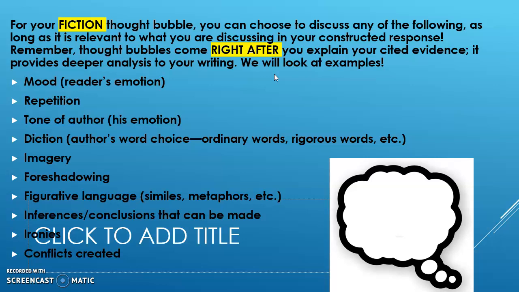Or the use of imagery in this line creates a visual picture for the reader. Or this line from the text could possibly foreshadow bad things to come. Or through the use of simile, blah, blah. Or this section of the text can create conflicts, or it is ironic because.